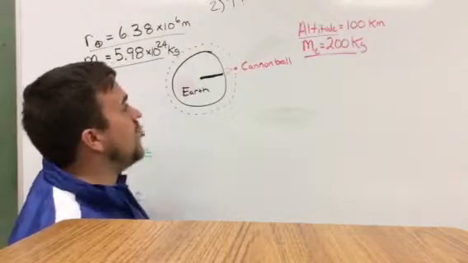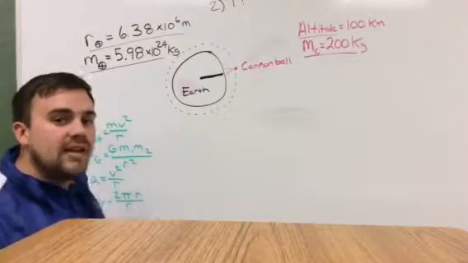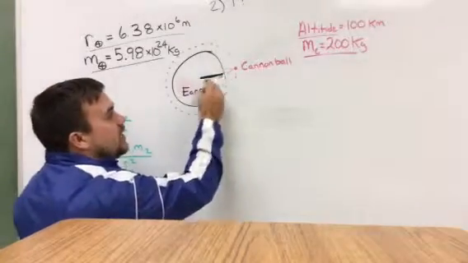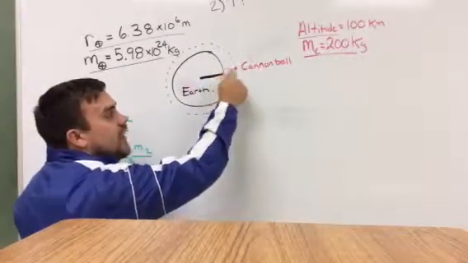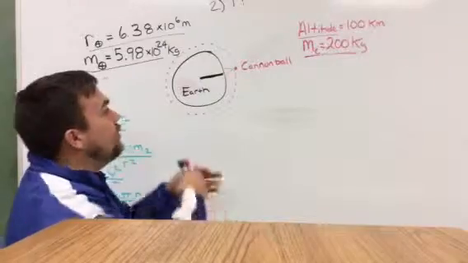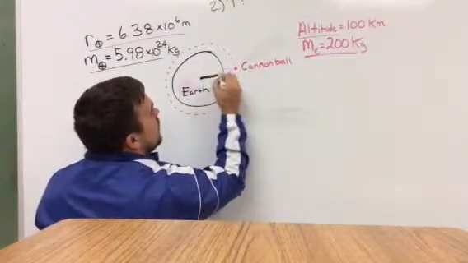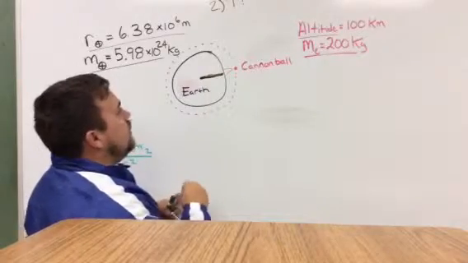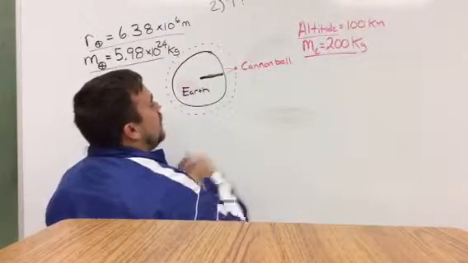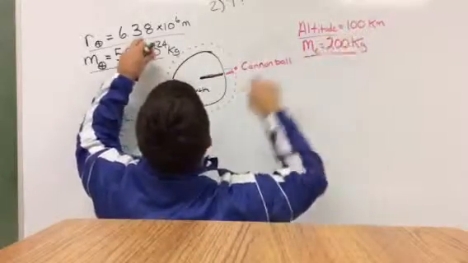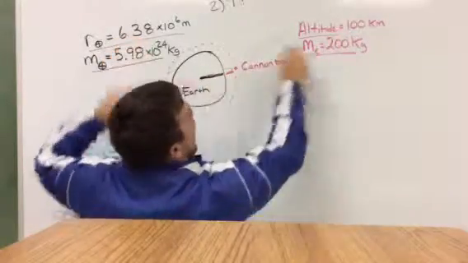And so the next thing we need to ask ourselves is, do I know the radius of the orbit? Well, if I look at this picture, I know the radius of the Earth, but do you see how the radius of the Earth is not actually the complete radius? I have to take into consideration this radius plus the altitude of the cannonball above the Earth's surface. So I've got that many meters, and then I'm going to have to add that many.